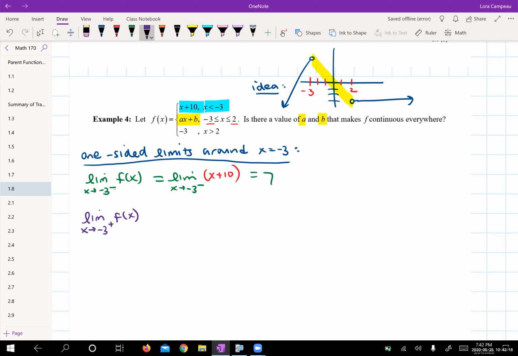Now, remember, we're looking around the -3. So we are looking at the ax plus b. So the limit as x approaches -3 from the positive side, we would have to plug in, think about what we're looking at, ax plus b.